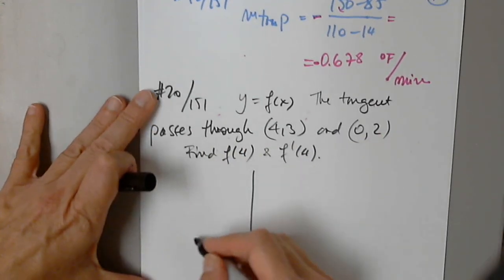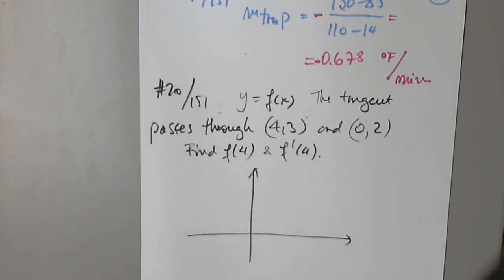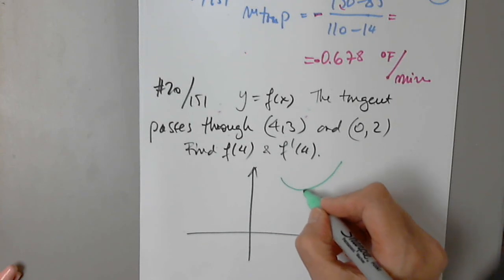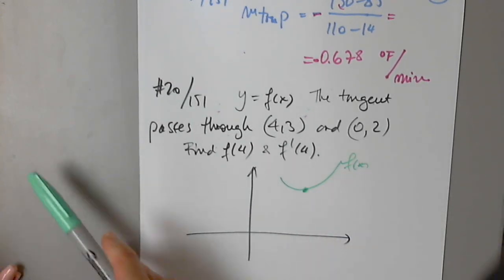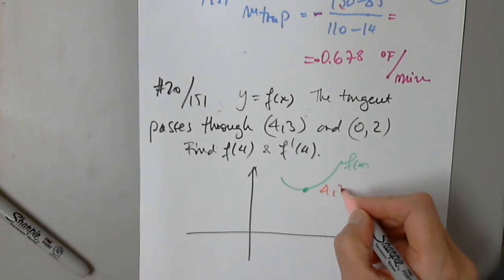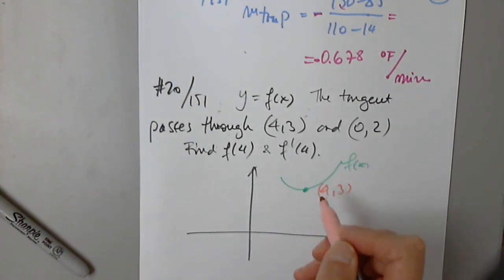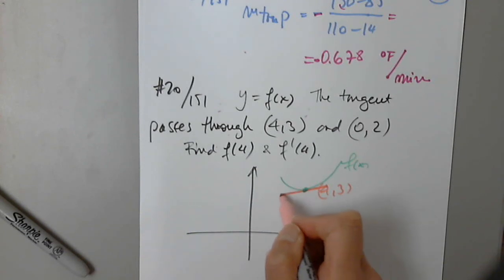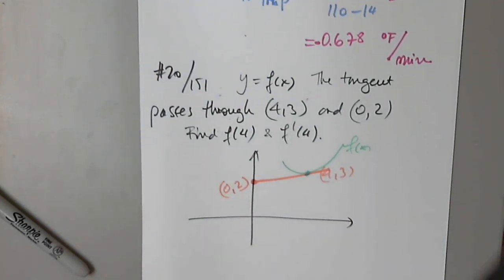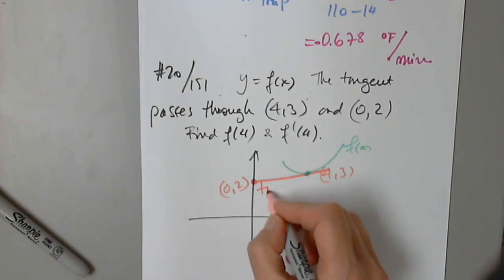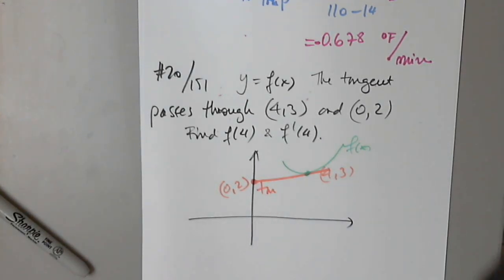So here's the graph. Here is the graph of a tangent. This is the graph of f of x. And here's the graph of a tangent. And let's suppose that this is (4, 3). So the tangent to the graph passes through the point (0, 2). So this is the tangent, and this is the function.